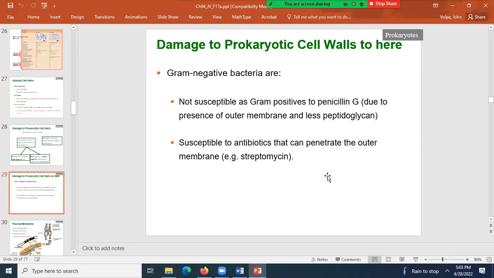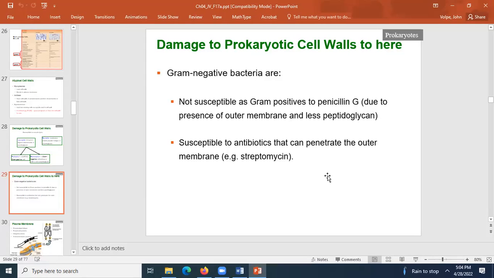So I talked about damaging prokaryotic cells and mentioned that gram positives were a little more sensitive to damage than gram negatives. This is particularly true when we're talking about the antibiotic penicillin G, because penicillin G cannot get through the outer membrane of the gram negative cell. There are other antibiotics that can get through the outer membrane.